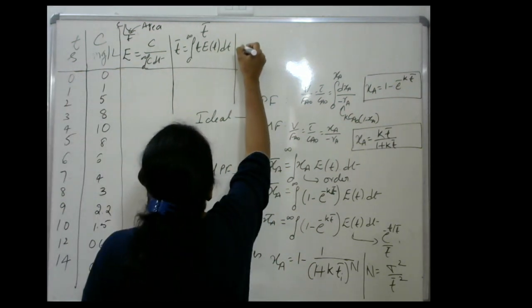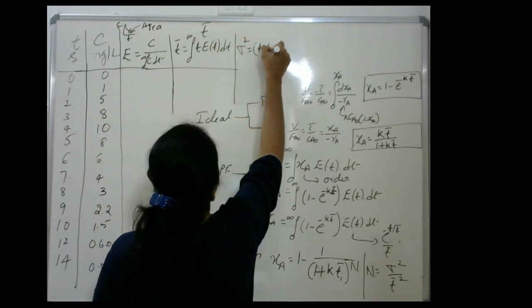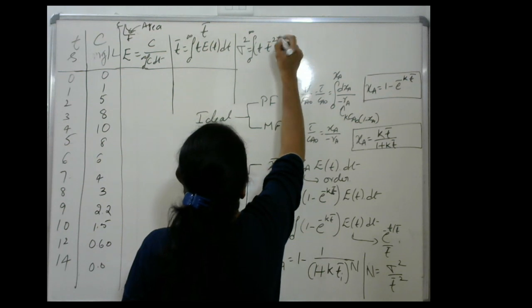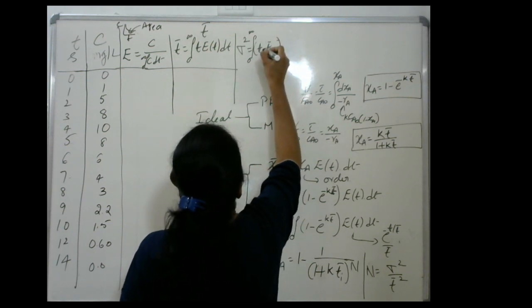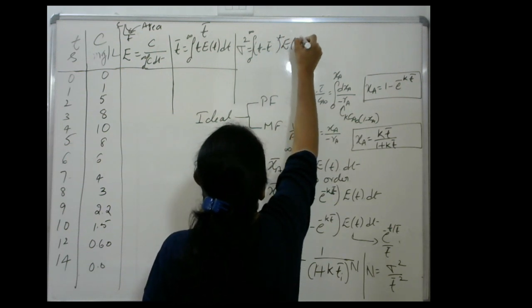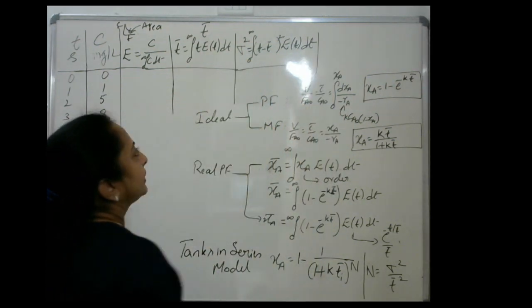So once you have T bar, let me collect the equation for sigma. Sigma square is integral 0 to infinity of T minus T bar whole square into E of T dt. So from this you can find the value for sigma also.